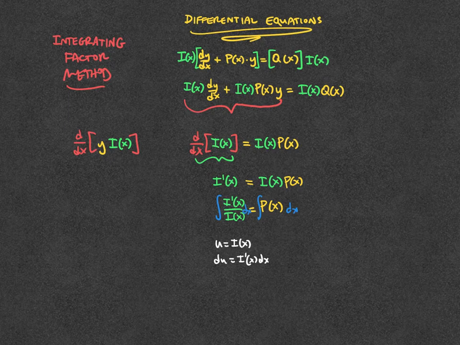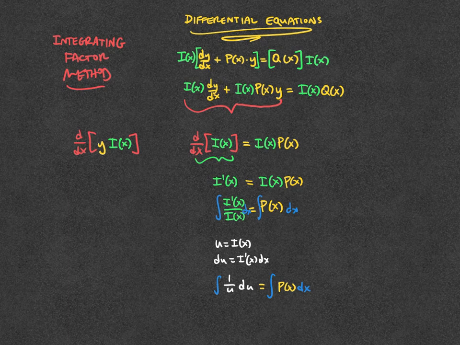Therefore, this integral is equivalent, doing a substitution here, to the integral of 1 over u du. And that, of course, is equal to the integral of p of x dx. Now, I'm not going to do anything with p of x because I don't know what p of x is. I'm talking generally only.